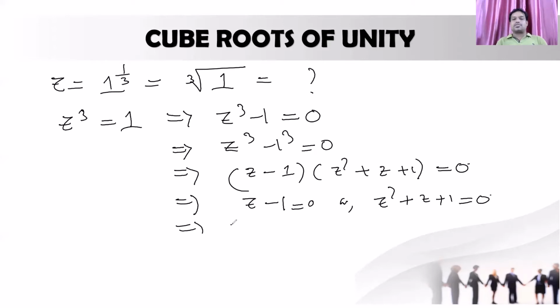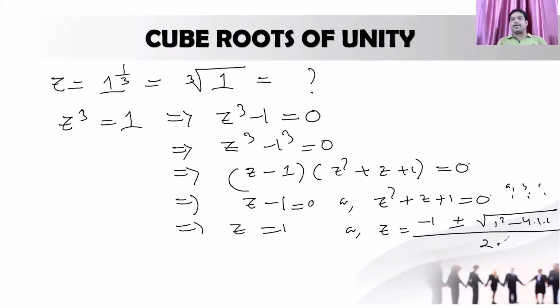So this implies z equals 1, and by the quadratic formula z equals minus b plus minus root over b square minus 4ac divided by 2a.